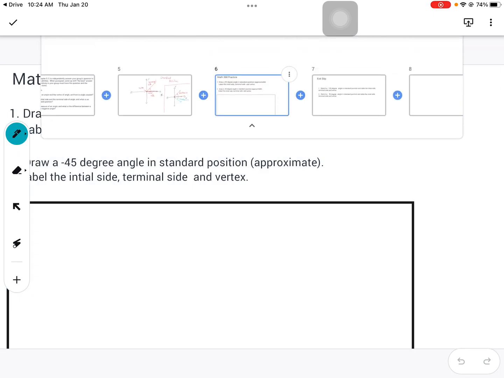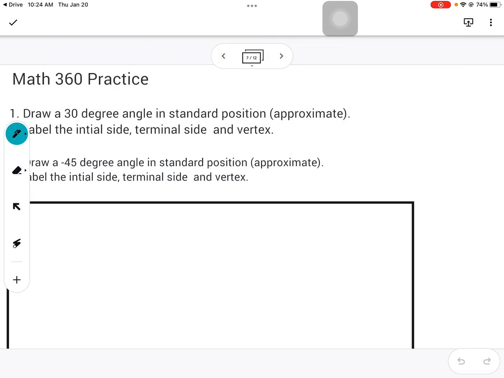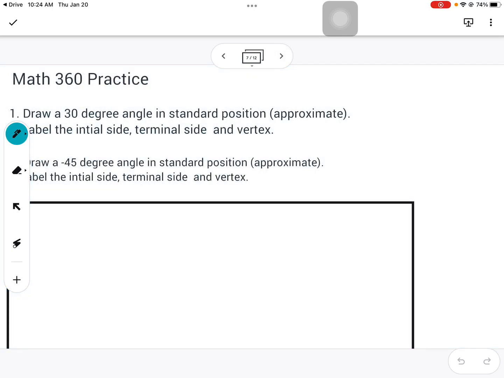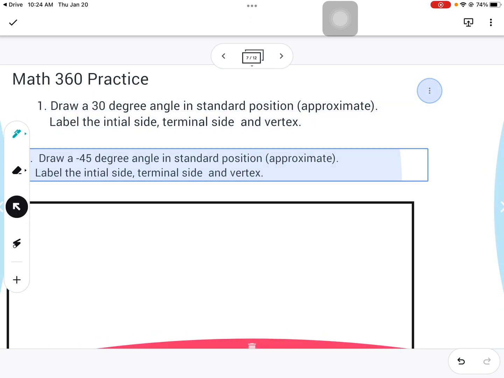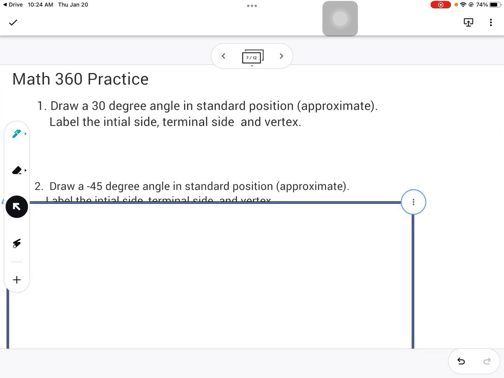So I'm just going to go ahead and add a new sheet in here. There we go. Back up one. Actually, let's just kind of go to our examples. I apologize. Kind of resize that for us a little bit so we can see what we're doing. I want to draw a 30-degree angle in standard position.